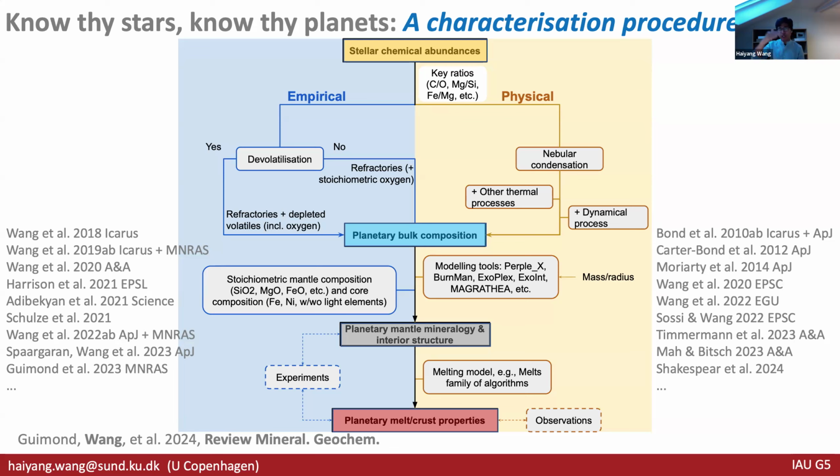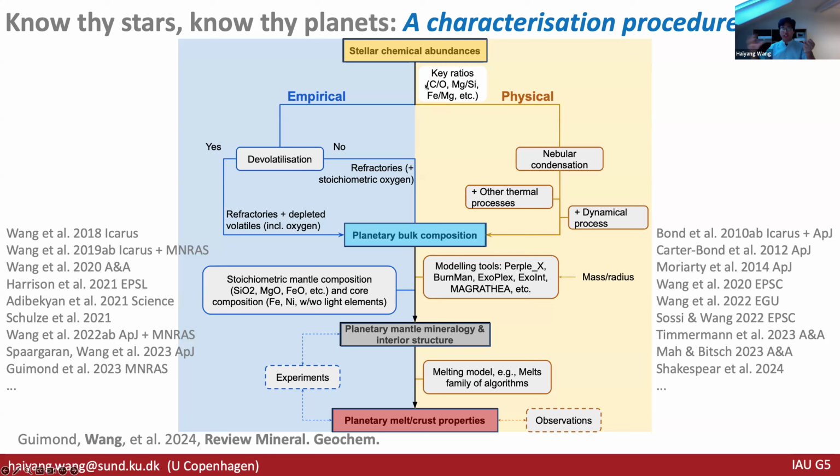Here is a review about how to use this phenomenon to understand planetary properties, including bulk composition, planetary interior structure, and the surface and even atmospheric composition, just starting from the star.